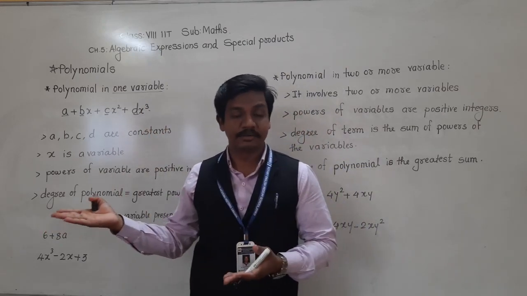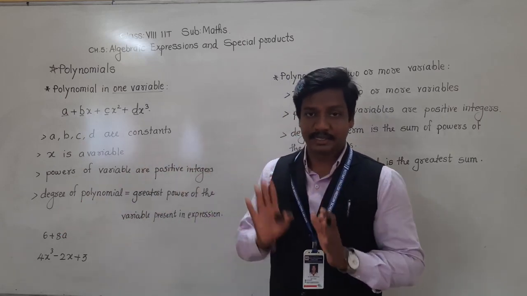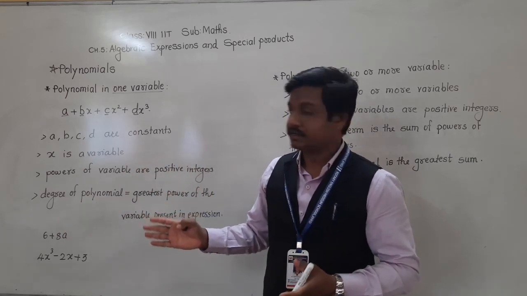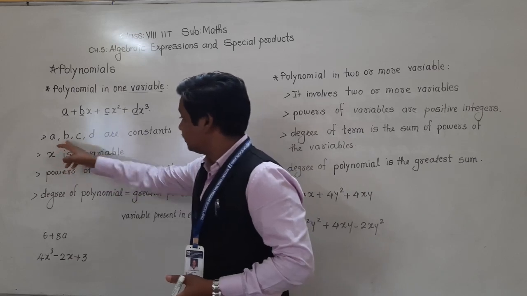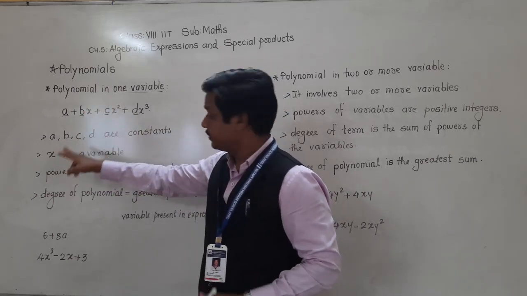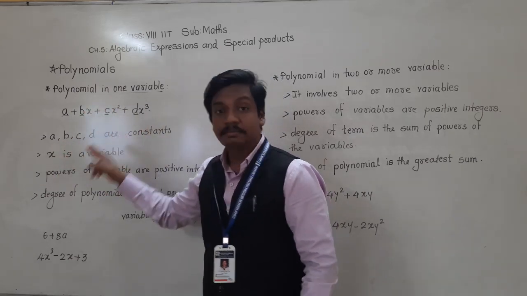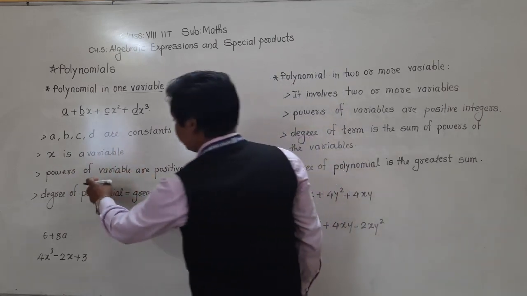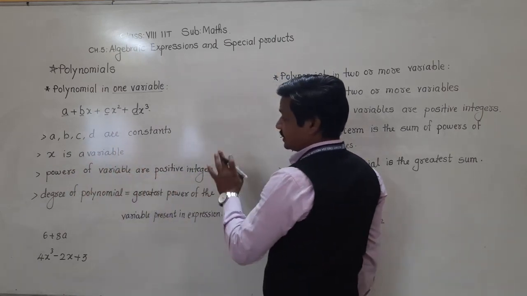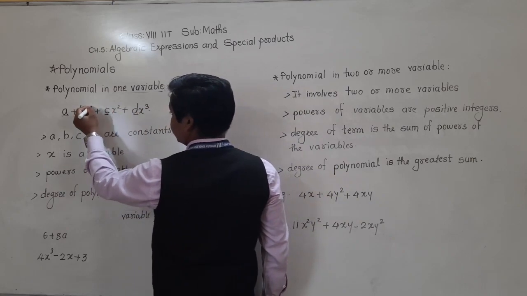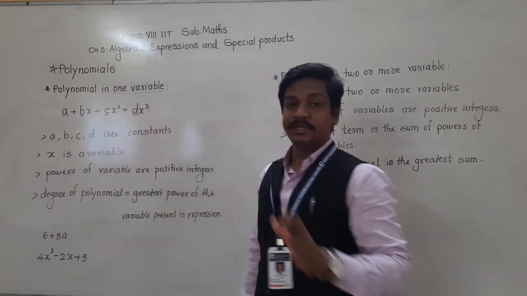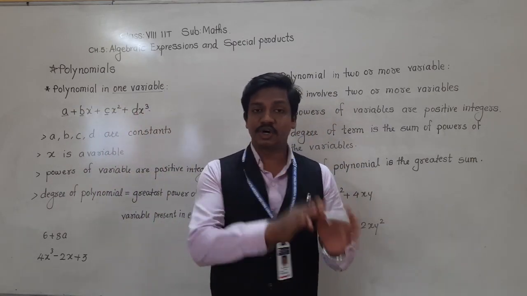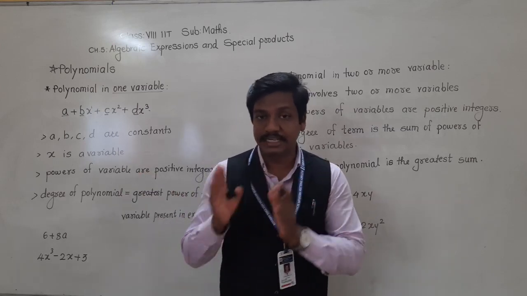Their powers can be different, but the variable should be the same, xx or yy, whatever. Now a, b, c, d are constants. Okay, x is the variable. The important thing is the powers of the variable are positive integers. All the powers, here the powers are 1, 2, 3. They should be positive integers. Non-negative integers, I mean positive integers.